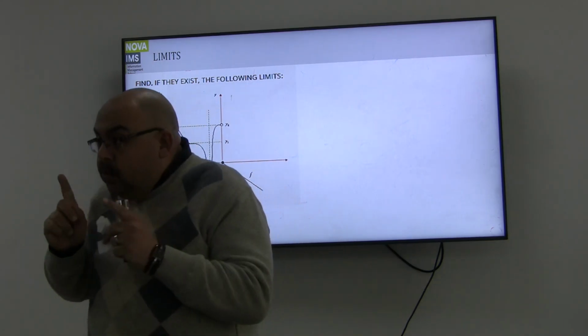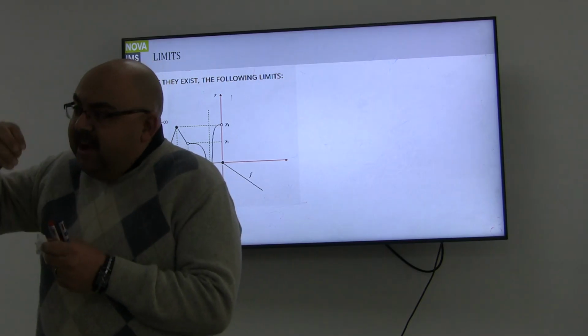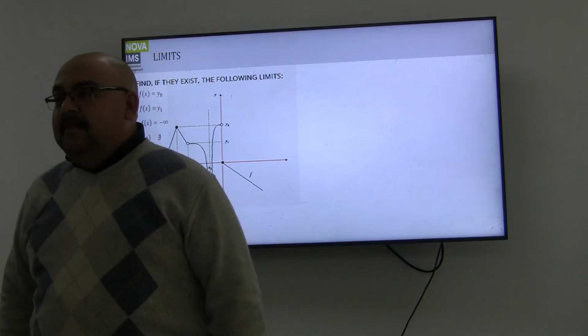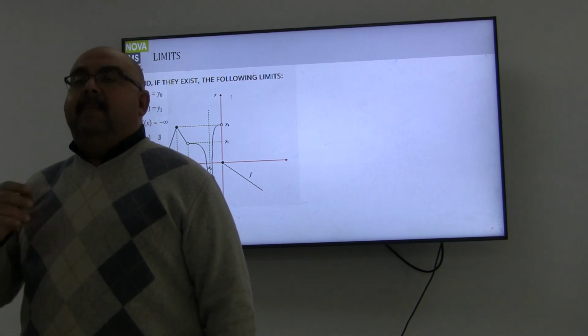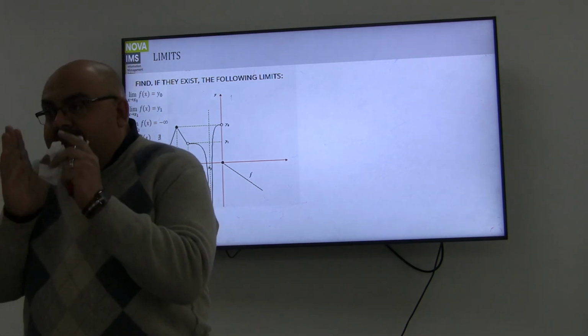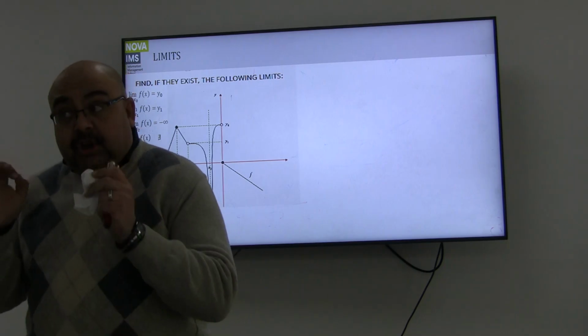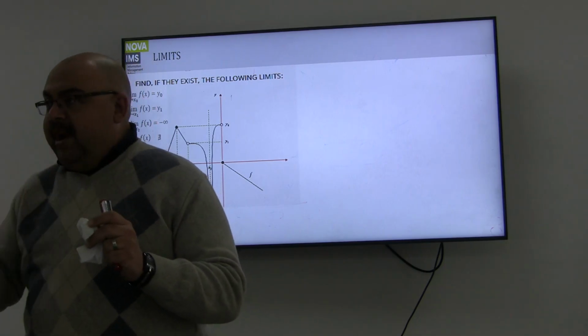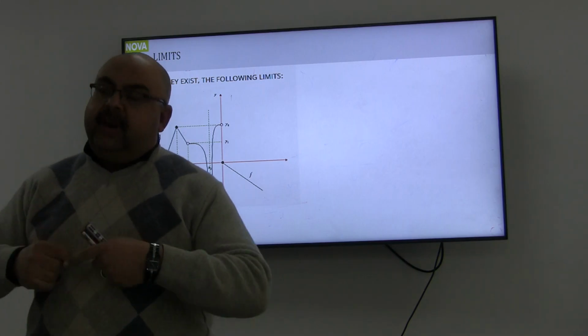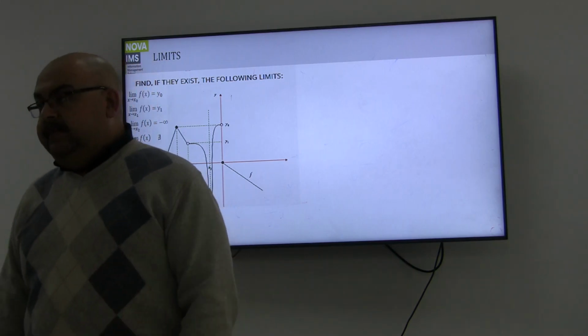Although the function is not defined at x1, you can find the limit, which represents an upper bound or a bound for the function at this point. The key issue is that when you take the limit from the left and you take the limit from the right, they are both equal to each other, and hence the limit will exist.